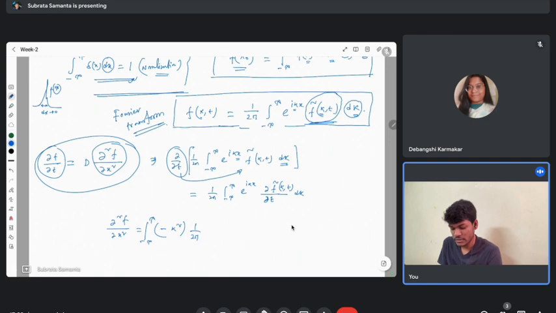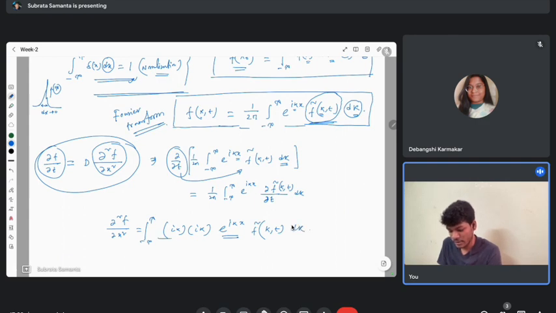So ik times ik is i squared k squared, and i squared gives you minus 1. Let's write it explicitly: ik times ik, e to the power ikx, f tilde of k, t, because x operates only on e to the power ikx, and dk.